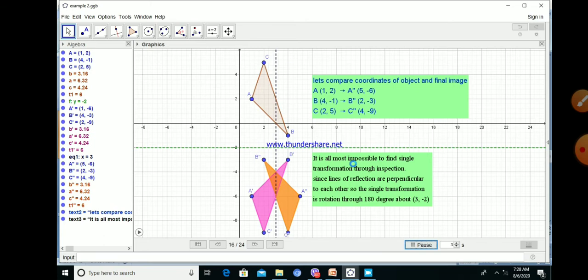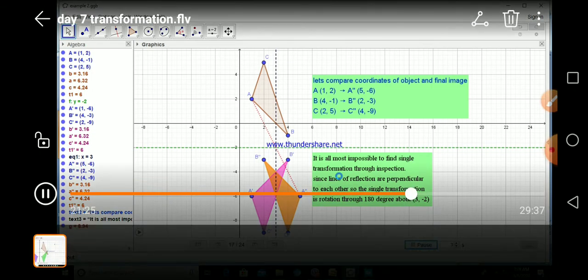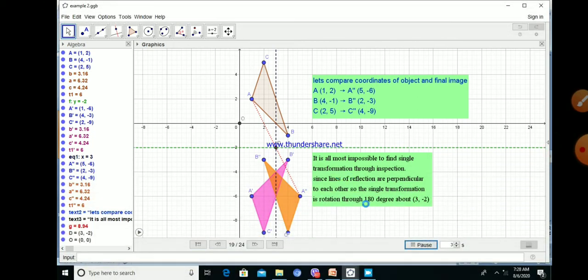What I have written here is that it is almost impossible to find the single transformation through inspection, so that's why we have to use the rule. Since the lines of reflection are perpendicular to each other, the single transformation is rotation through 180 degrees about the point of intersection, that is (3, minus 2). You can see here those dotted lines intersecting at the point D, and that is (3, minus 2).